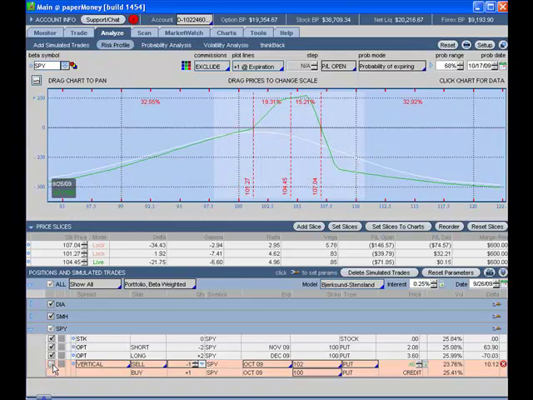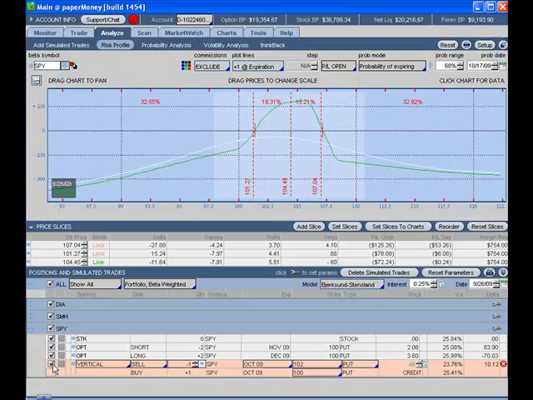Without the simulated trade, we still have our current break-even price, and our maximum profit is going to be just over 250. Now when I add that simulated trade, we've slightly adjusted our position, our break-even points up. We can see that by the fact that these lines have moved away from the dashed line. These are our current break-even prices.